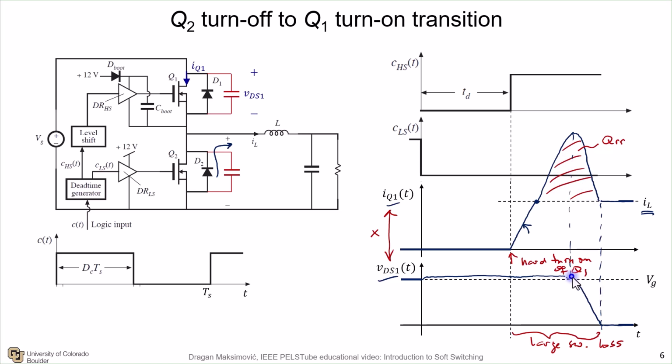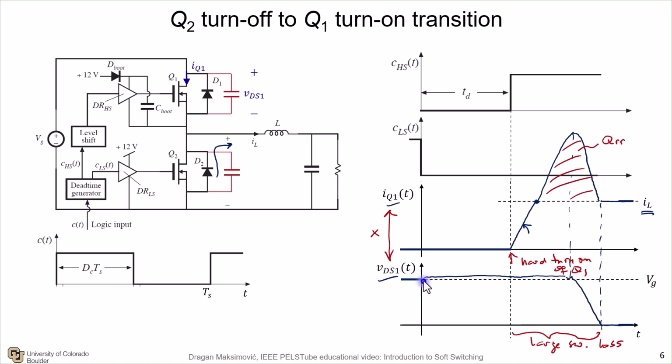And the third is this transition in voltage here really amounts to lossy charge and discharge of the switch node capacitances. So these three mechanisms together, the most important one of which is really the reverse recovery of the diode, contribute to relatively large switching loss associated with hard turn-on transition of Q1.